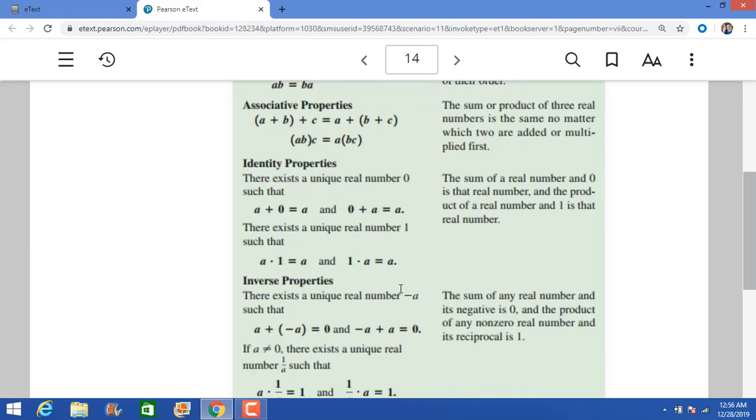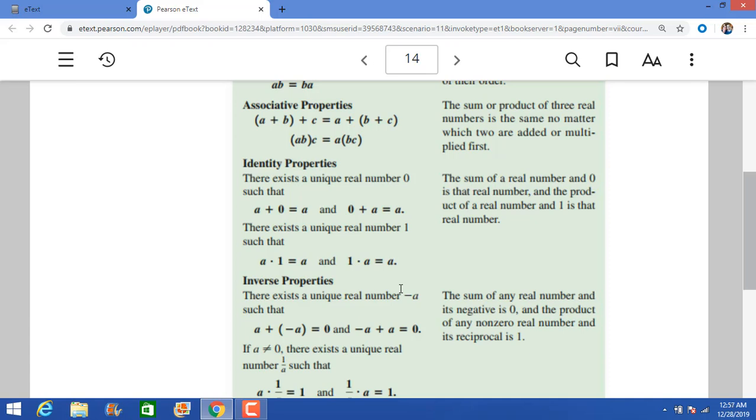Okay, the identity properties. There's an identity for addition and also for multiplication. This means that there has to exist a number that I can add to any other real number, and it will leave the real number unchanged. That identity, which we call the additive identity, is 0.